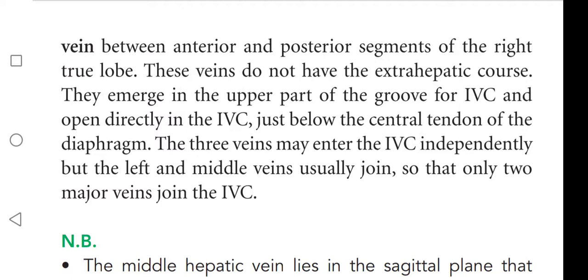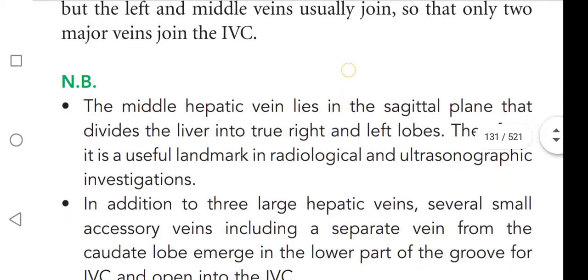That is, one right hepatic vein and the fused left and middle vein. The total of three veins combine and form only two.